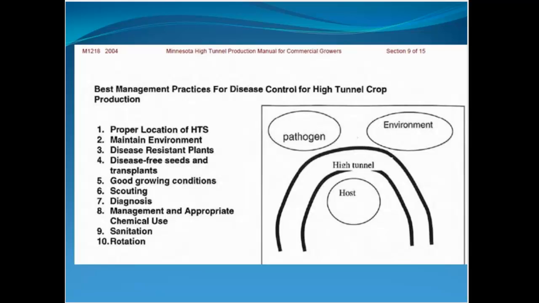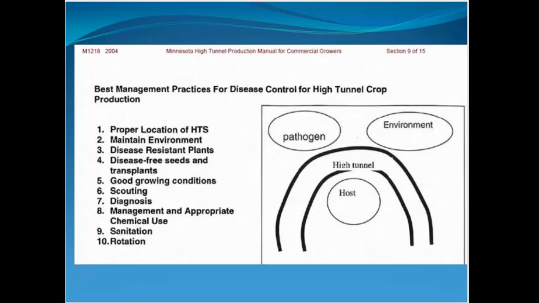By having a warmer high tunnel, that allows us to do a better job of controlling humidity within the greenhouse. It also makes our plants more vigorous, and vigorous plant material tends to be less impacted by disease than plant material that is struggling. So that's one aspect of proper location of your high tunnel: orientation.